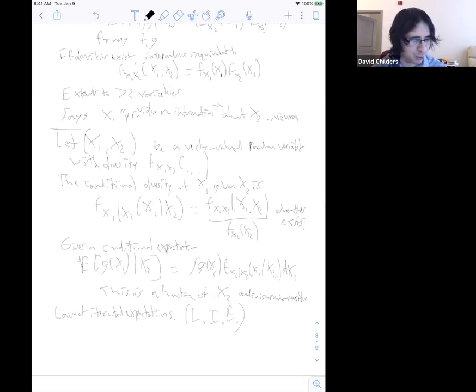That step will be true, but we will be using this acronym. And the statement says that because the conditional expectation is a random variable, we can take the expectation of that random variable with respect to the distribution of x2.